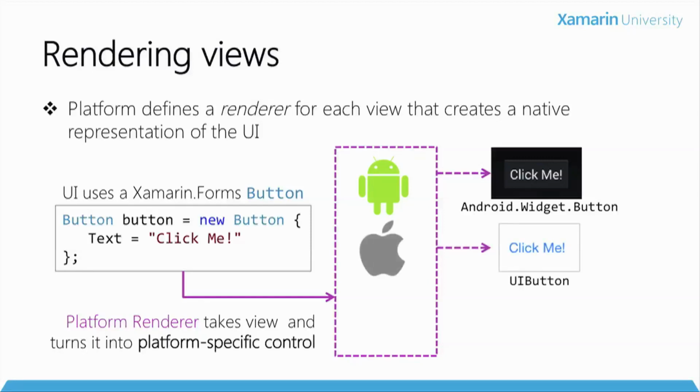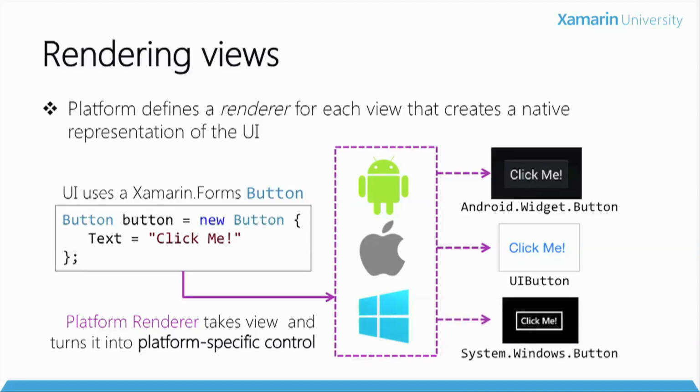If you run the app on iOS, well, then your abstract button turns into a UI button. Again, there's a platform-specific renderer for iOS that turns that button into a UI button. And of course, we have a similar approach for Windows Phone. We have Windows Phone renderers, and they will create system.windows.button elements. And these renderers exist for every control.